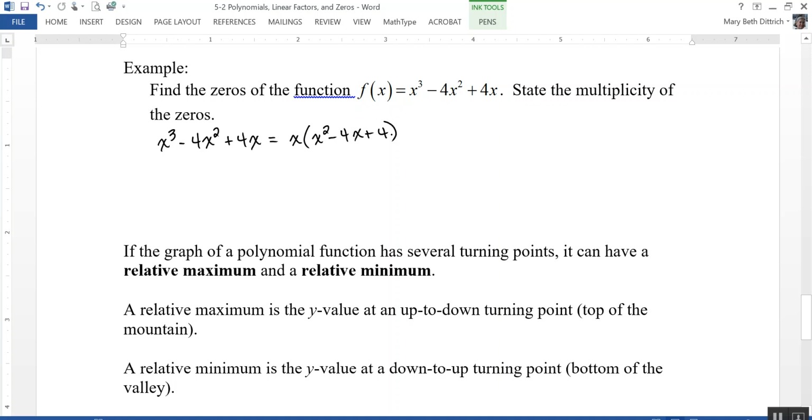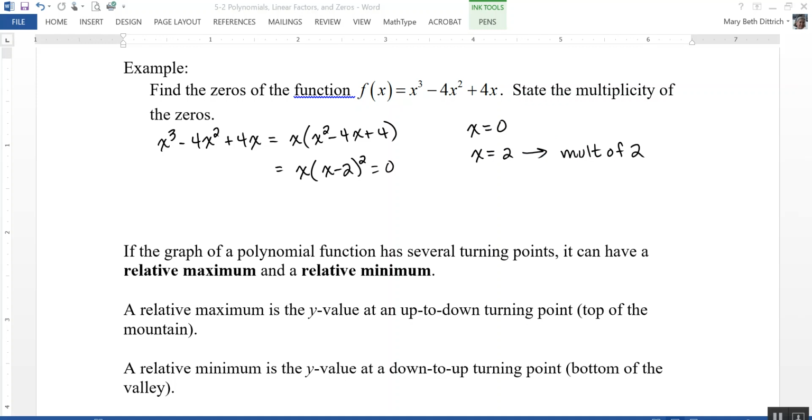And I recognize that trinomial in the parentheses as being a perfect square trinomial, which factors into x minus 2 squared. So if I need to find my zeros, I'm going to make that equal to 0. So that means that I will have a zero at x equals 0, and I will have a zero at x equals 2, and because that is squared, that's going to have a multiplicity of 2.